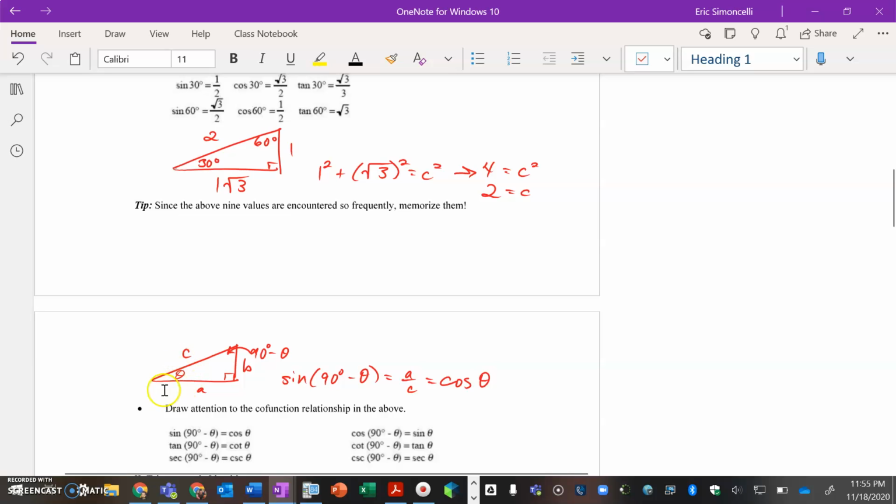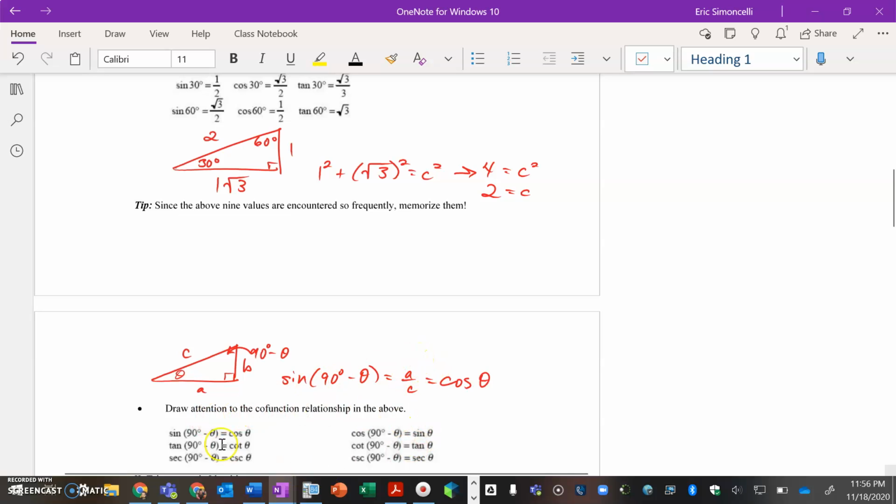In other words, cosine of theta is adjacent A over hypotenuse C. And that actually makes perfect sense back to when we looked at the sine of 30 equal to the cosine of 60. 30 and 60 are complements, we say, of course, because if you add 30 plus 60, you get 90. So the sine of an angle is equal to the cosine of its complement. Okay, so 90 minus theta, or if you just thought of 90 minus 30, of course, equals 60. You think of that ratio as the same, and that makes sense.